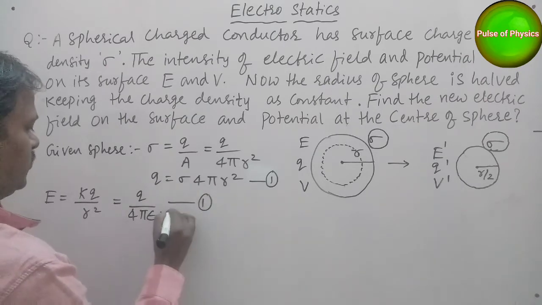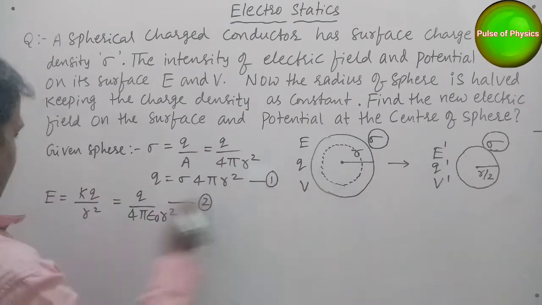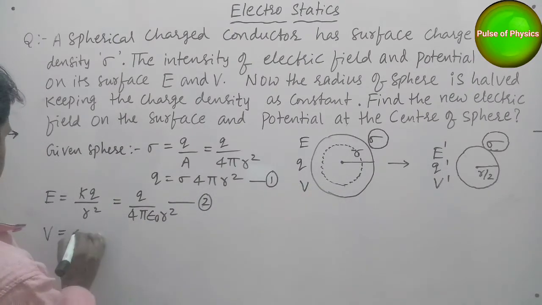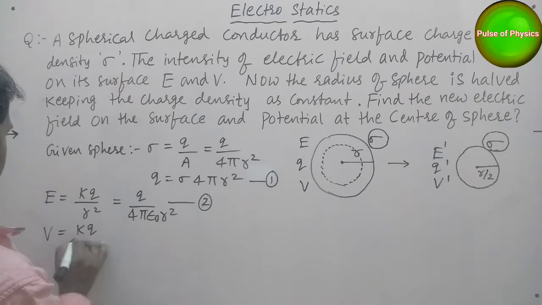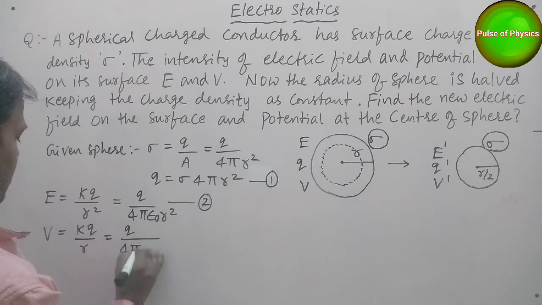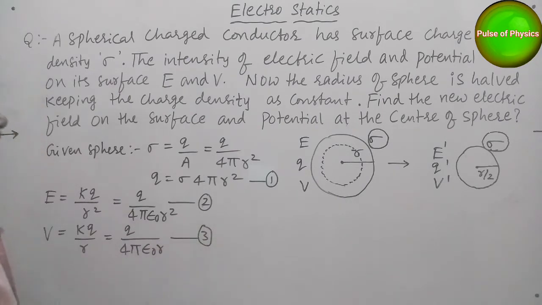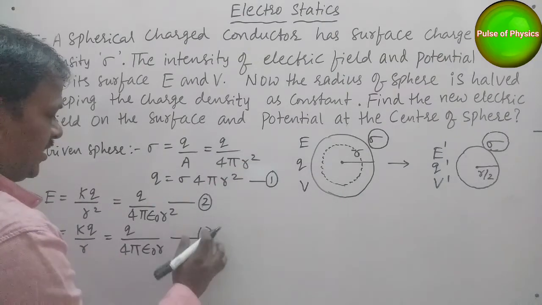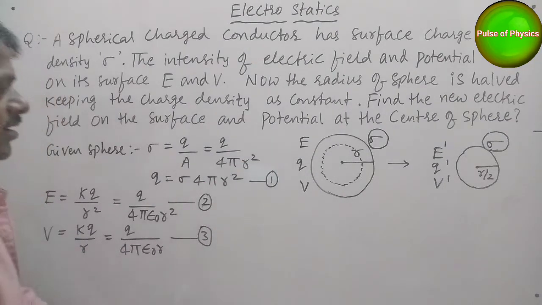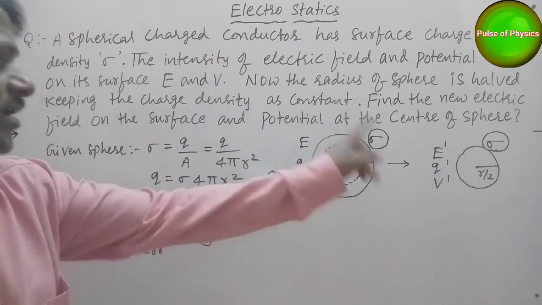Equation 2. Next, V is KQ by r, that is Q by 4 pi epsilon naught r. This is equation 3. These three equations are about the larger sphere. Then we have to find E dash, Q dash and V dash.